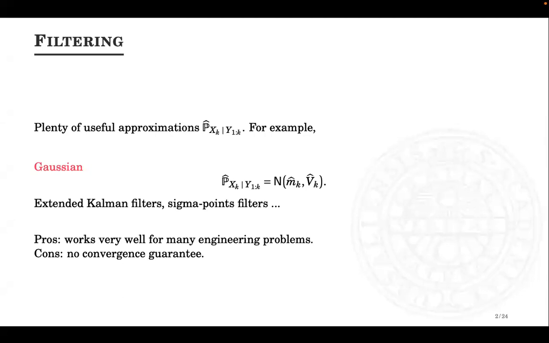But the downside is that there's no convergence guarantee. If you have a model where you know that your solution is apparently not Gaussian, then I have no idea about the convergence. Yeah, in the linear case, you have convergence. Yes, the linear case. What do you mean by convergence here? Convergence in terms of distributions?